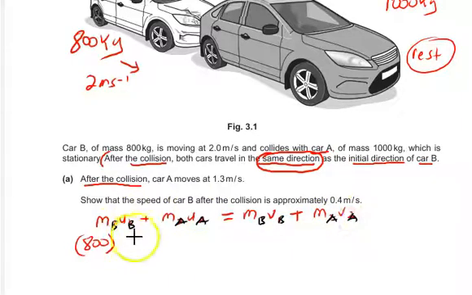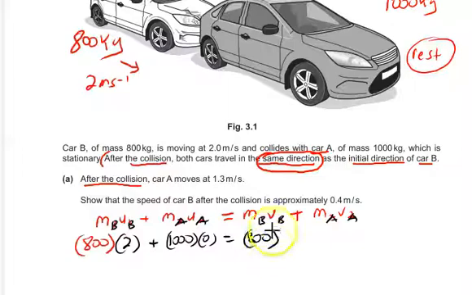So here we will have a 2, and since A is stationary, we put 0 here. So the B is 800. I'm not sure about the speed, so we just put V, and here will be about 1000, moving at 1.3.